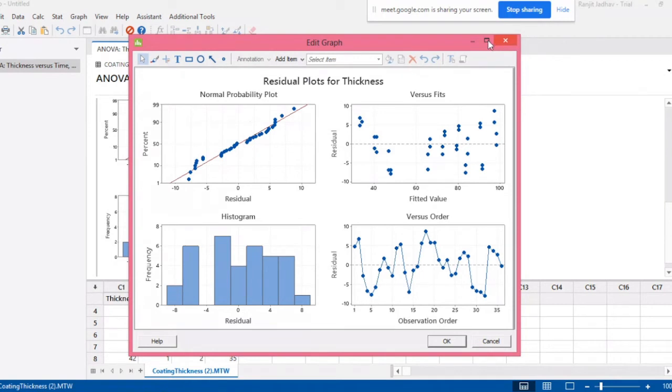Sir, in this versus fits graph, we are not getting a mirror image. Yeah, so there may be some error for this observation. Because when we change the setting, we are not getting a replica, plus minus.